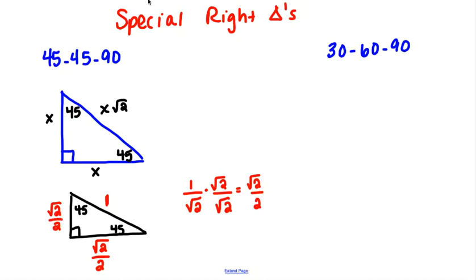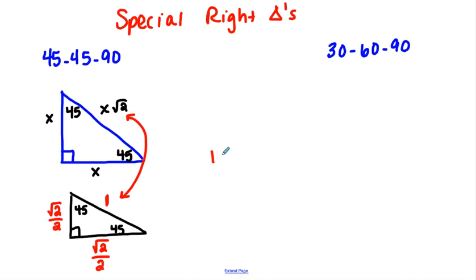If you forgot or didn't see exactly what I did there, one way your teacher may have shown you is to write an equation to help you remember. You can set 1 equal to x root 2, and then solve for x by dividing by root 2, going through that same process I just did.